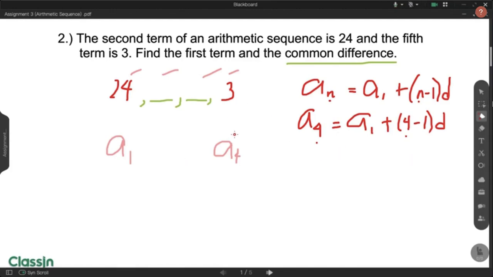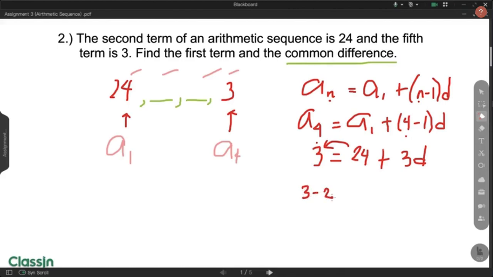Okay, what is a sub 4? We have 3 equals a sub 1, 24, plus 4 minus 1 is 3, and then just copy d. 3 minus 24 is equal to 3d. 3 minus 24 is just negative 21 equals 3d.